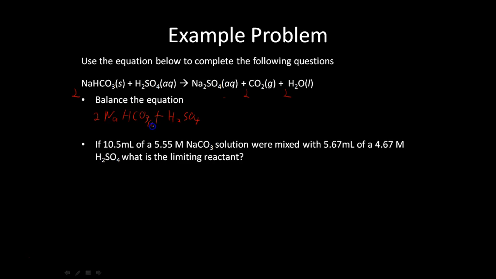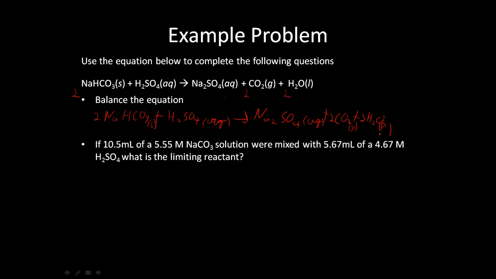Now I'm going to put them in there, that way it's correct. (aq) goes to form Na2SO4 (aq) plus 2CO2 (g) plus 2H2O (l). All right, so that's just balancing. Let's go ahead and go down to the second problem.